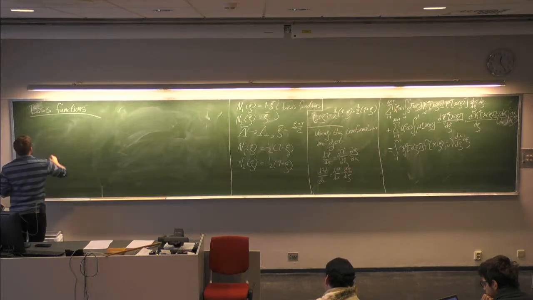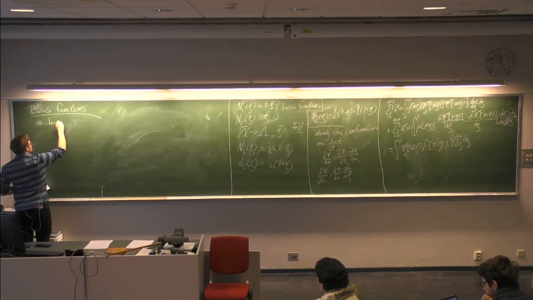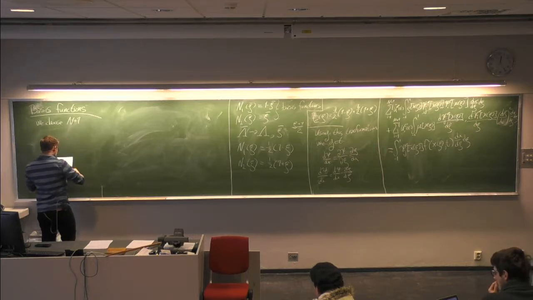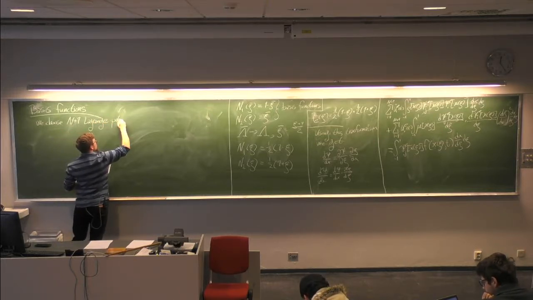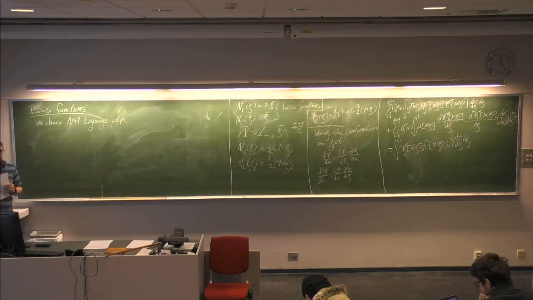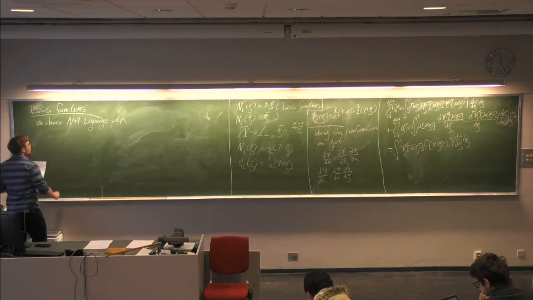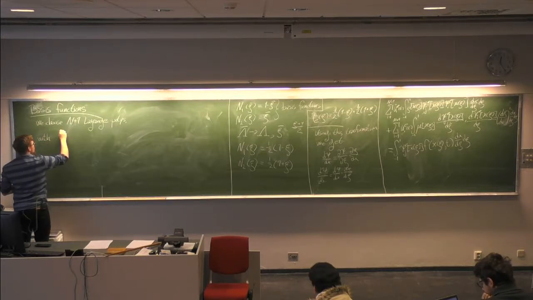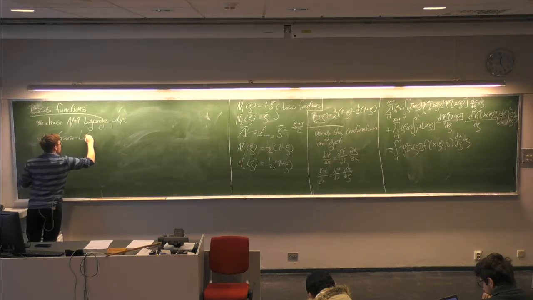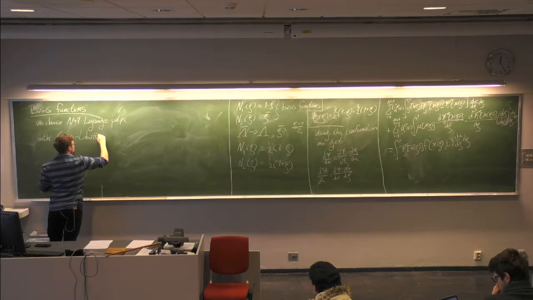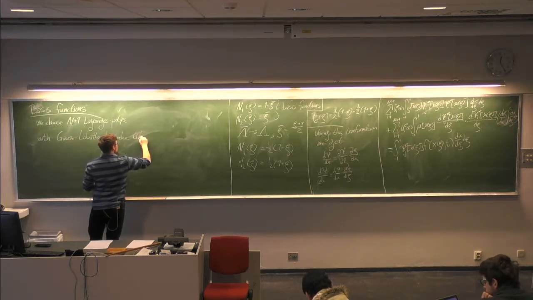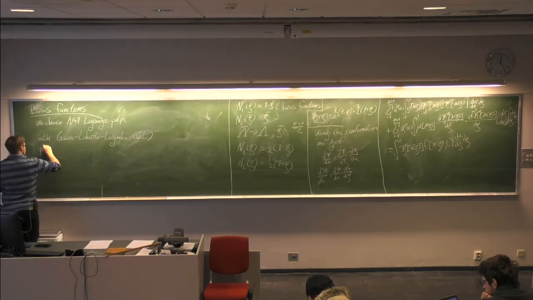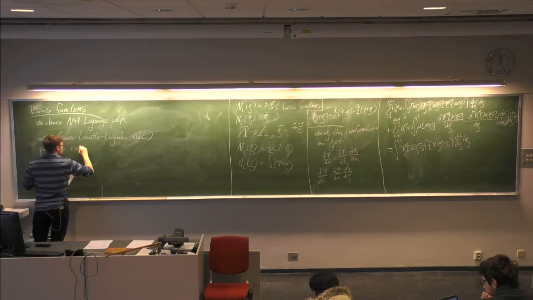We choose n+1 Lagrange polynomials with so-called Gauss-Lobatto-Legendre points, GLL points, co-location points.